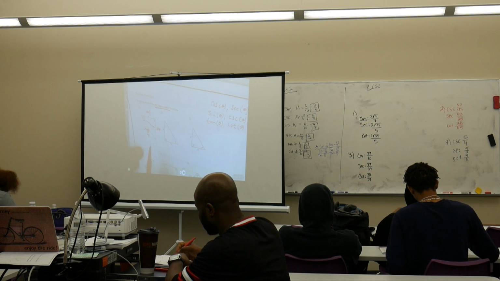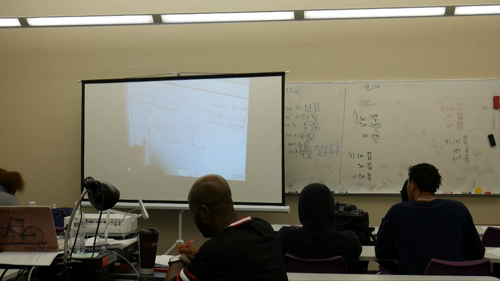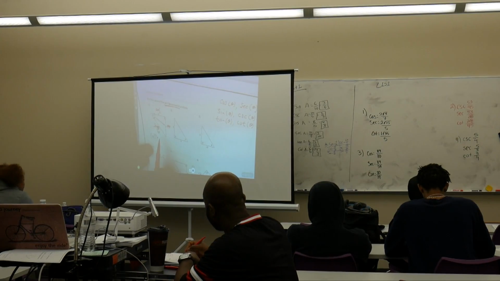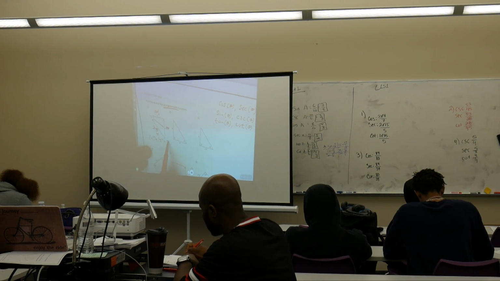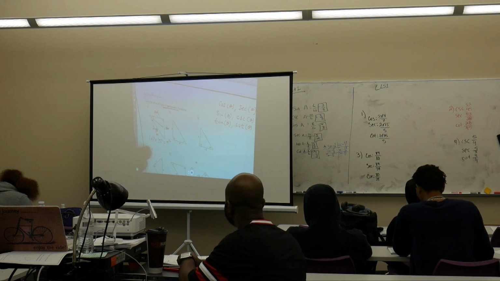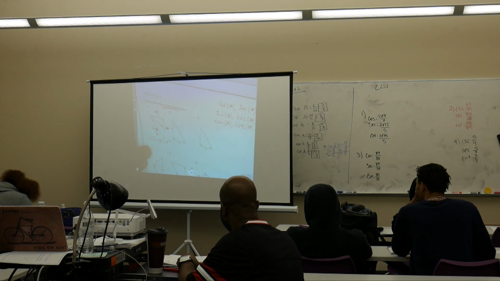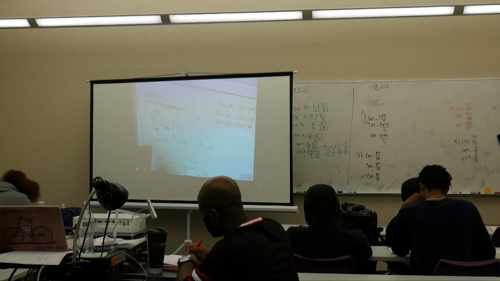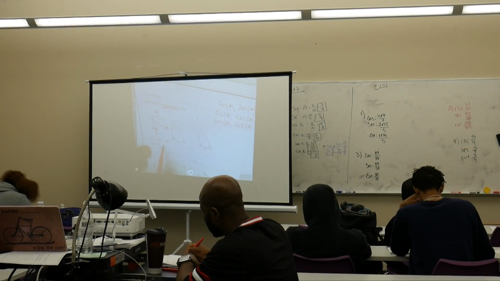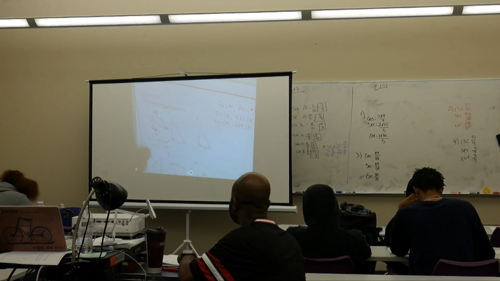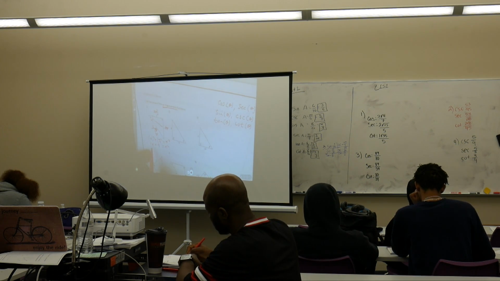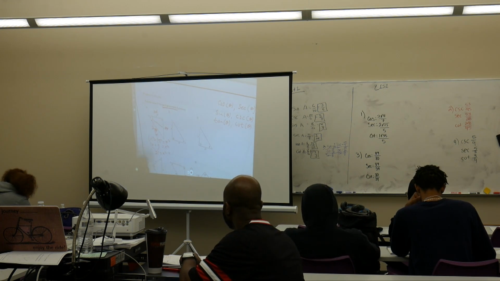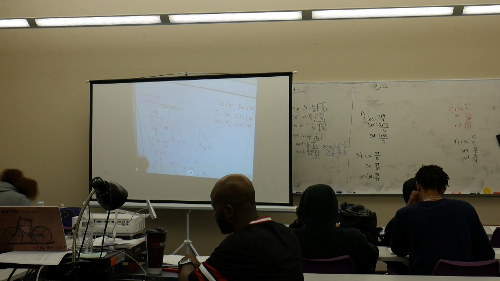But if you don't know that, this is 4 squared plus 3 squared is equal to x squared. 4 squared is 16, 3 squared is 9, x squared is x squared. If 25 is equal to x squared, what's x?